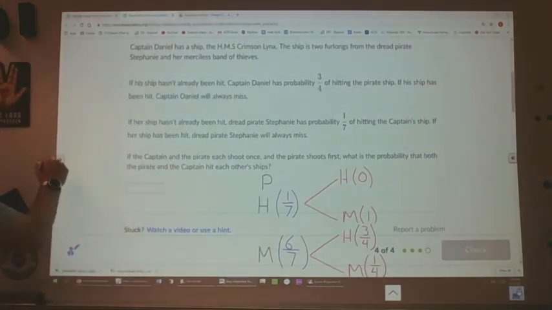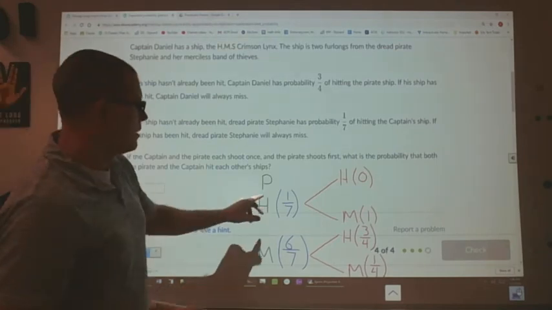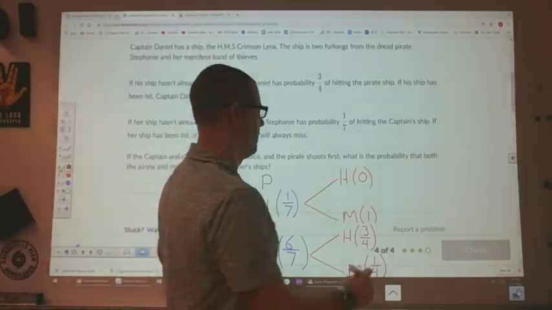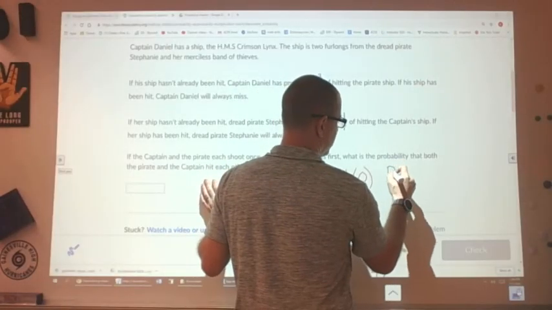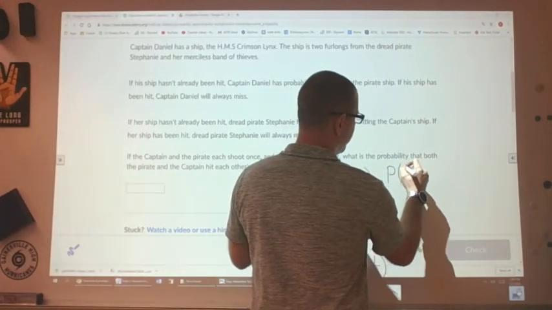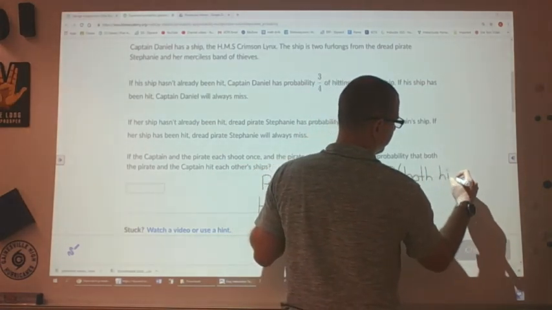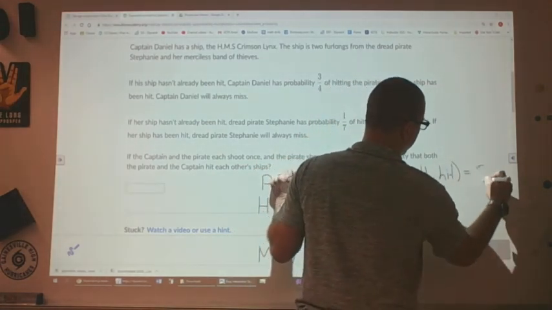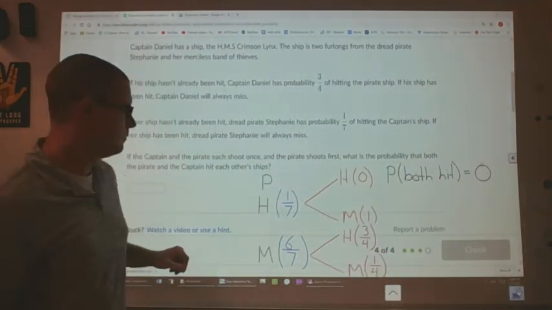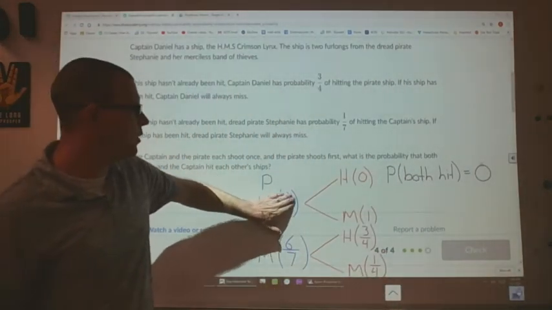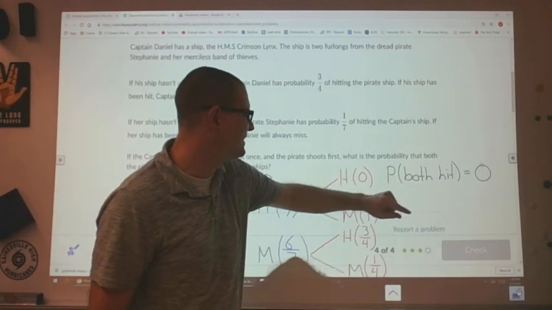So let's go through and find these probabilities now. This is the probability that both hit. It is 0. Even though this is 1/7, 1/7 times 0 is 0.